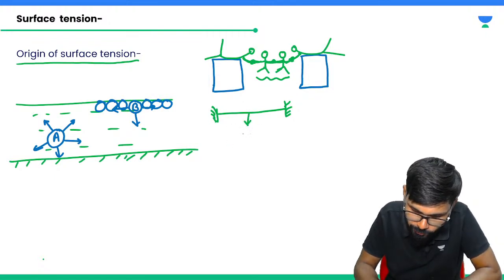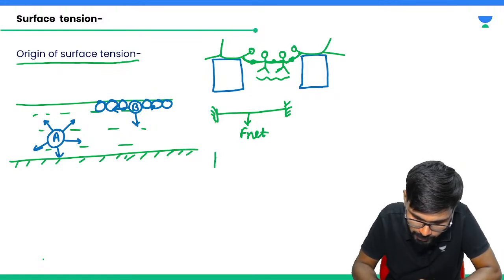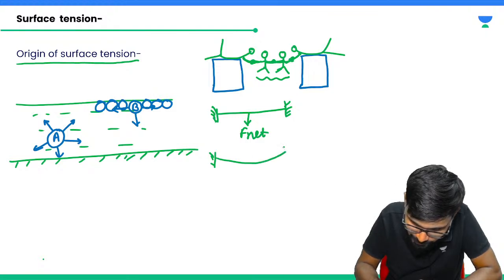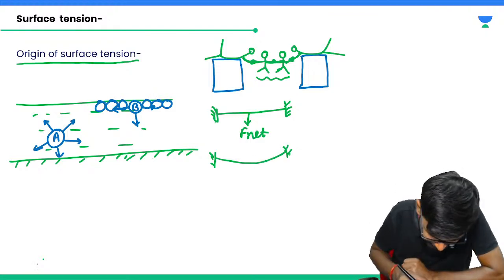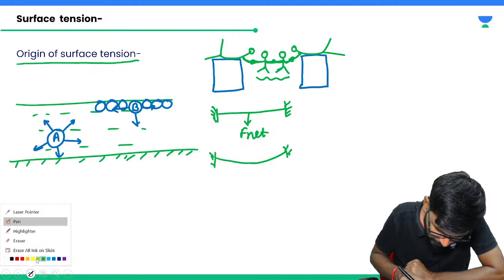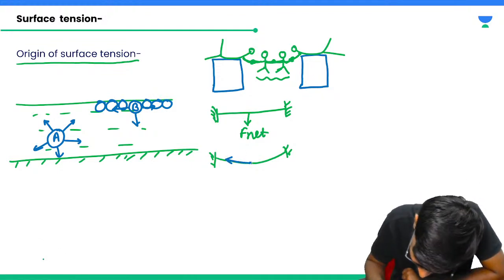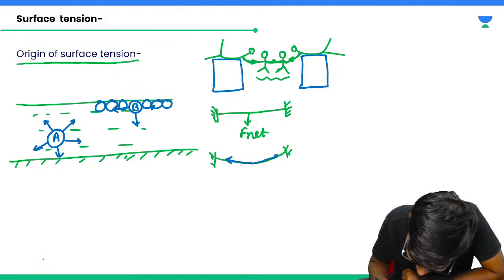If some downward force F, net downward force, will be there, then what will happen बेटा? ये थोड़ा ऐसे हो जाता. अब देखो, यहाँ पे tension है. Now here we have a tension, बट ये तो किसी एंगल पे है.